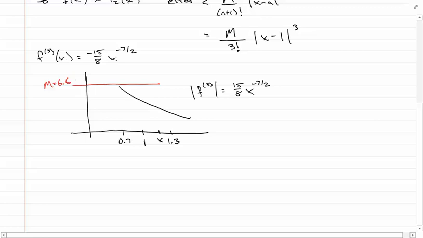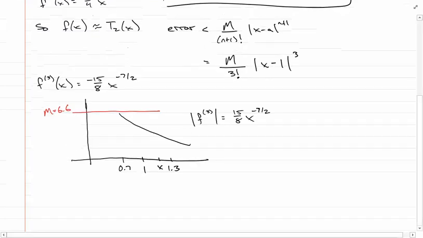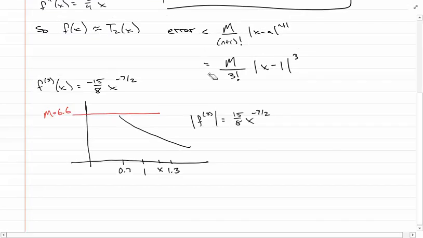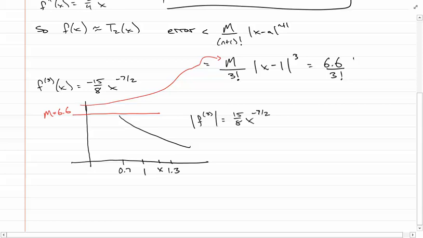I'll round it up just to simplify things a little bit. Okay. So my M value, I can choose that to be 6.6. So 6.6 over 3 factorial.